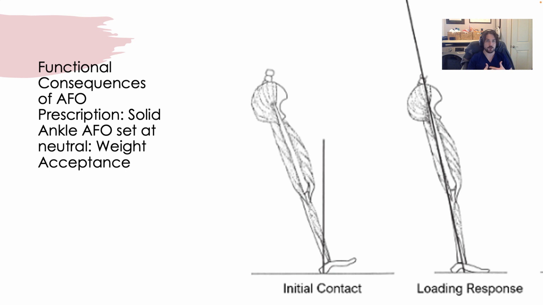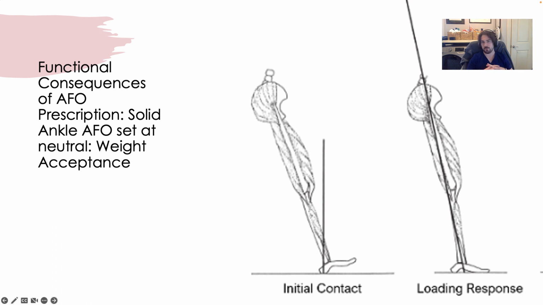So we'll start by looking at weight acceptance. During initial contact, the ankle is usually in a neutral position, and we're bracing it in a neutral position. And so we have a normal initial contact. So we have a passive extensor moment at the knee, and everything is hunky-dory there.